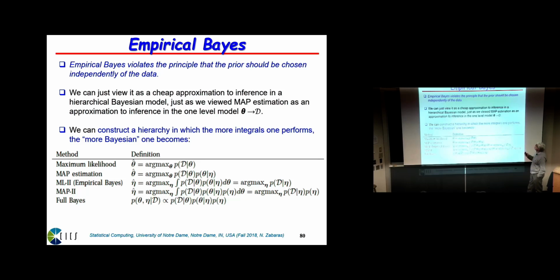So it fits under the category of empirical Bayes. This table here is extremely important. Now, in a lot of these problems, they're all optimization problems.